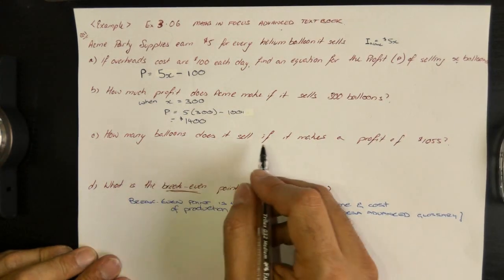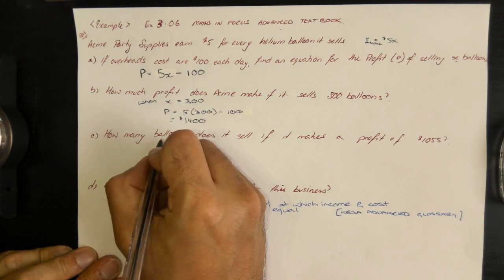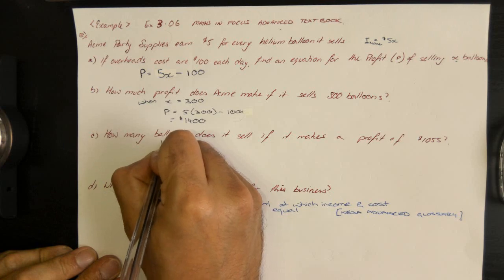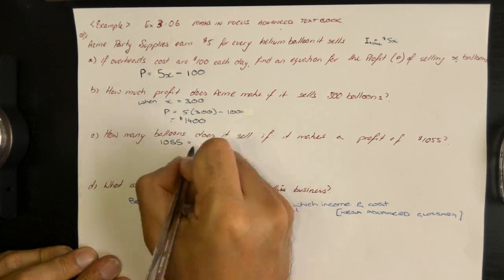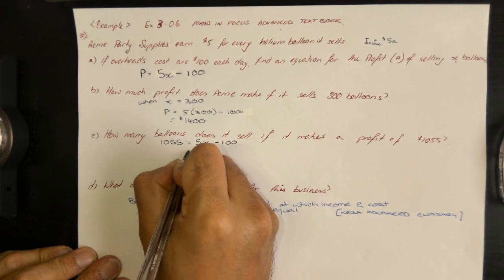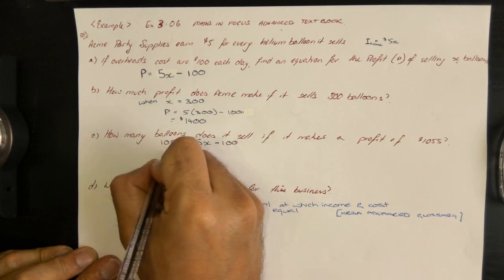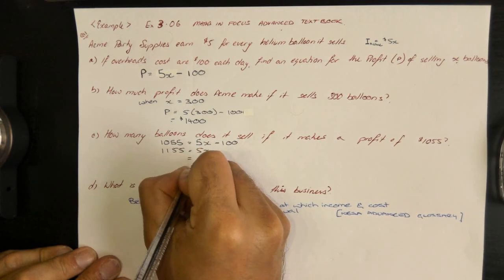Here I've got how many balloons does it sell if I make a profit of $1,055. So here, instead of writing P, I write my amount, $1,055. Still 5x minus 100. And now I'm going to solve. So I'm going to add 100 to both sides. And then divide by 5.